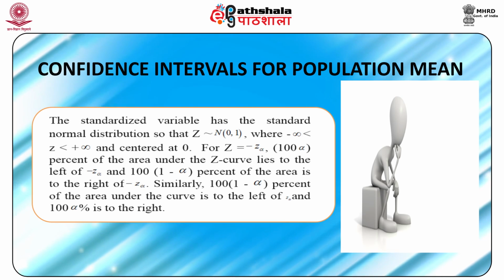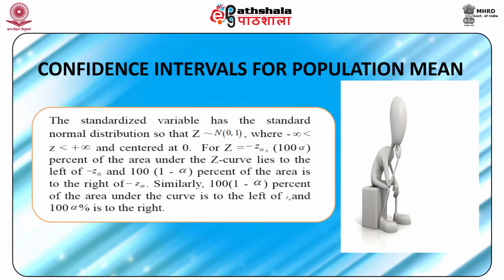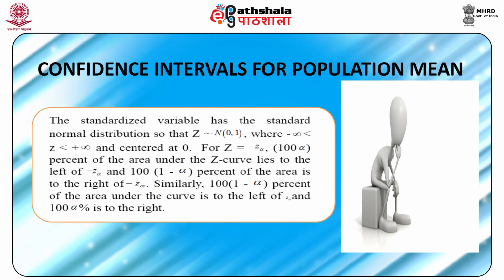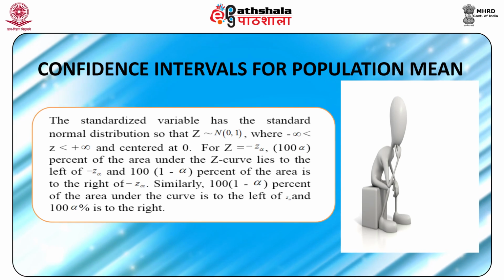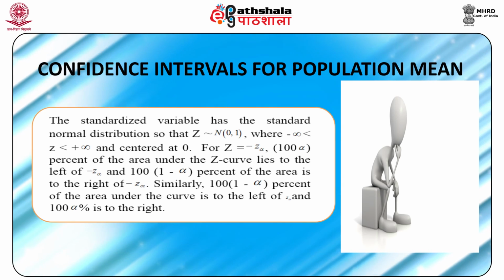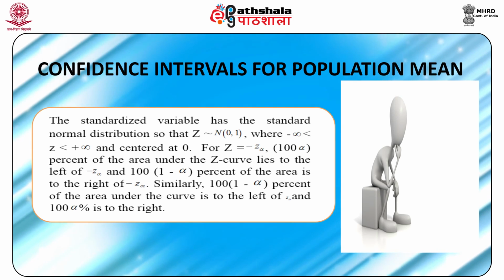For z equal to minus z alpha, 100 into alpha percent of the area under the z curve lies to the left of minus z alpha, and 100 into 1 minus alpha percent of the area is to the right of minus z alpha.